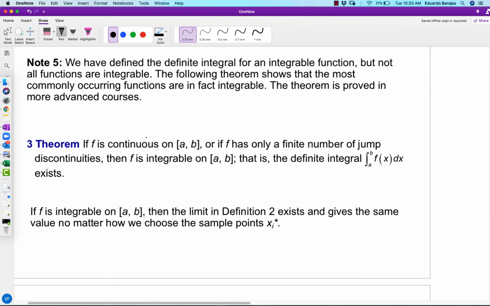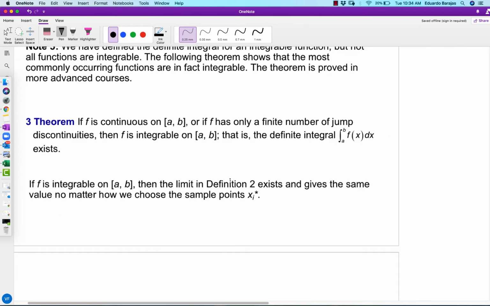And even if it's not actually continuous, but there are a finite number of jump discontinuities, so even if it breaks off a little bit, doesn't go off to infinity, but it could just break off a little bit and have discontinuities, then f is still integrable on the set from a to b. Okay, so let me show you what we mean by these finite number of jump discontinuities.